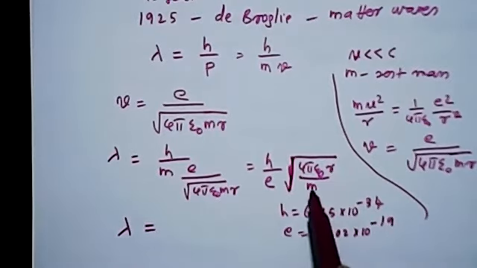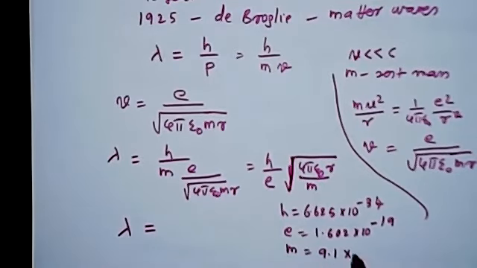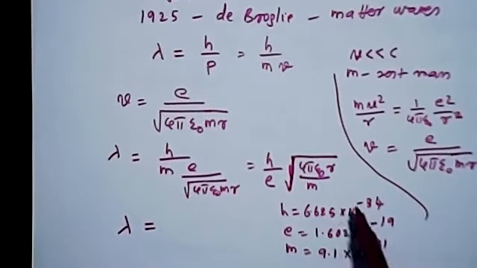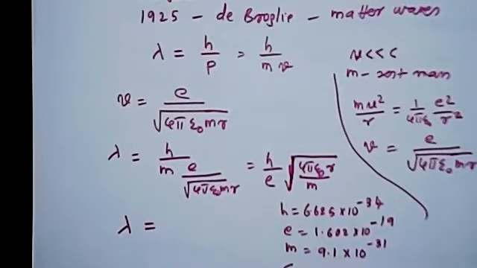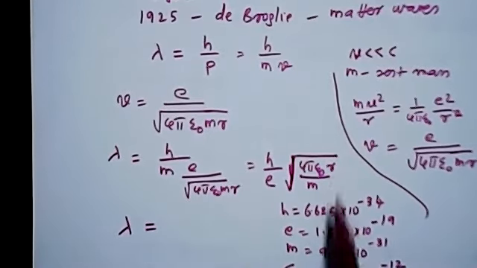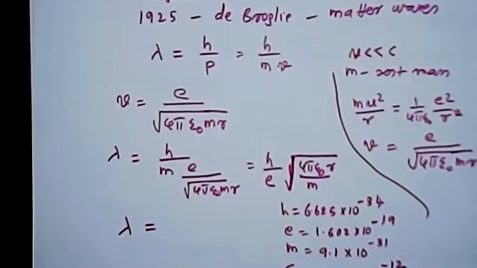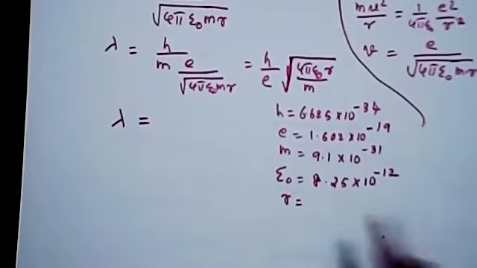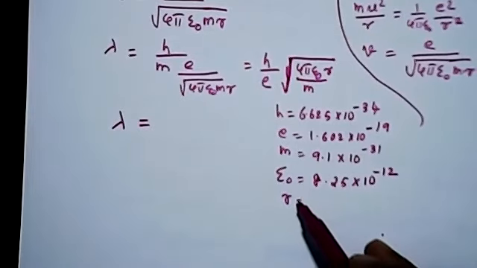Then m is the electronic mass, 9.1 into 10 to the power of minus 31 kilogram. Then epsilon 0 is 8.85 into 10 to the power of minus 12, and r is the radius.